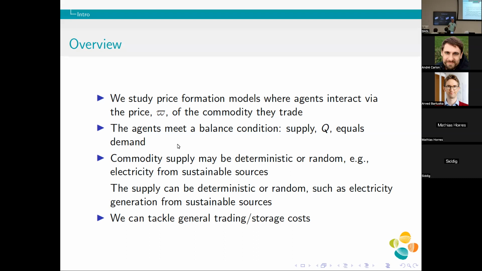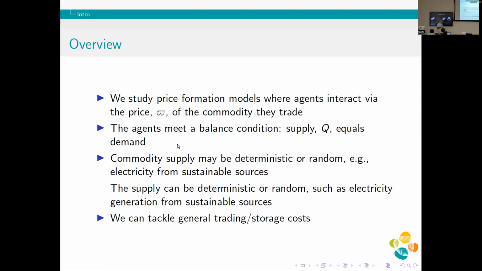This may be deterministic or random, and the example that we are thinking about is electricity from sustainable sources. So I'll talk about batteries and charges and charging rates and so on.